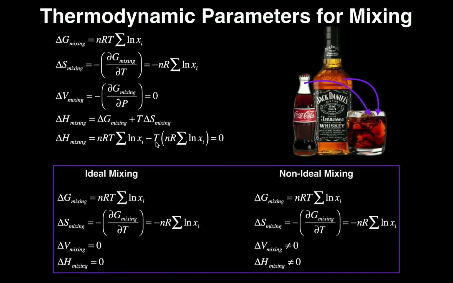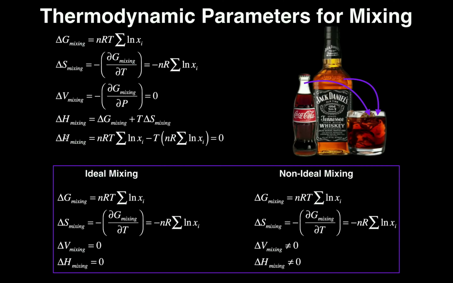All right. Now, remember that this expression for the second law of thermodynamics, this is one form, delta H equals delta G plus T delta S, or delta G equals delta H minus T delta S. This equation is assuming ideal situations or an ideal condition. Okay, so when we calculate this delta H now, it's actually going to end up being 0. And as we'll see in a minute, that's only going to be the case when we have ideal conditions.